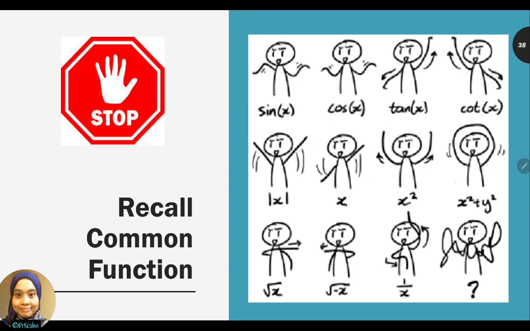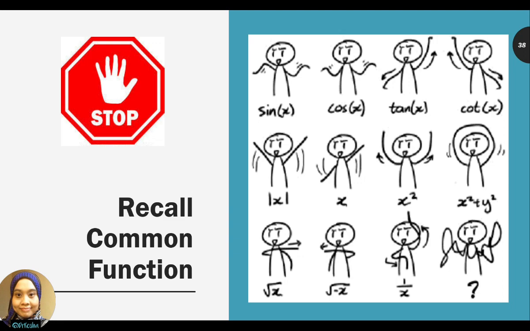Yeah, and we also have this illustration to explain common functions. This is a way that we can remember when we have this kind of function, what happens actually with the hands.